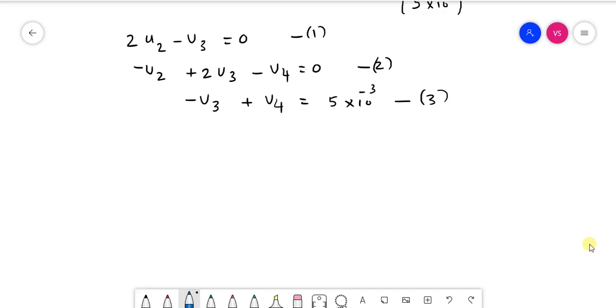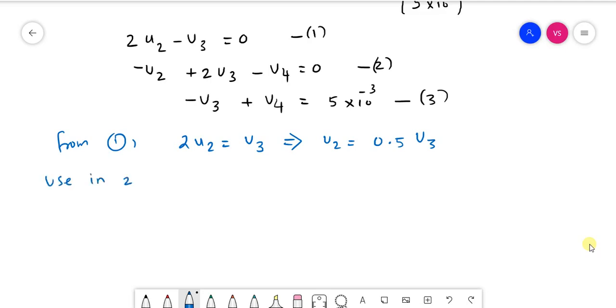If you take from equation 1, we have 2u2 equals u3, or u2 will be half u3. Now use in 2. So wherever I have u2, I will write 0.5 u3.